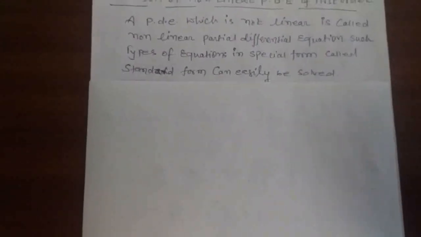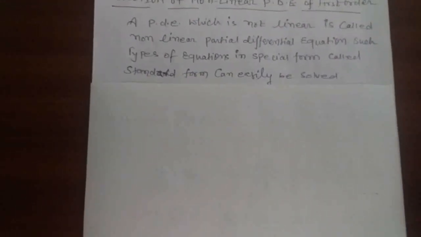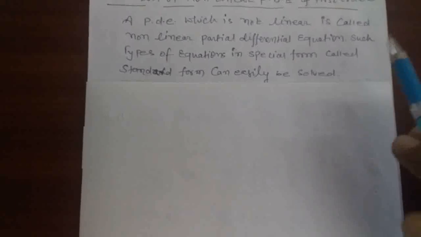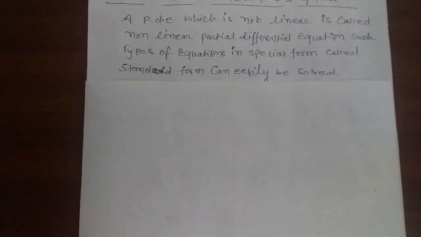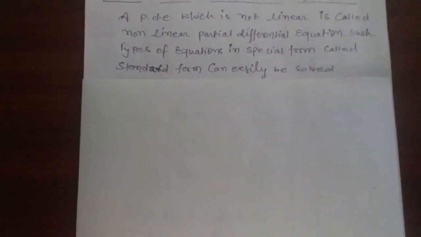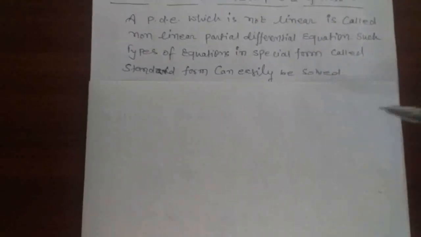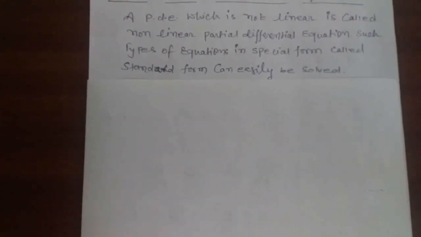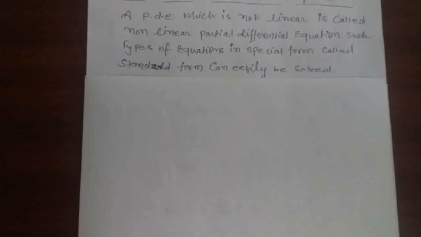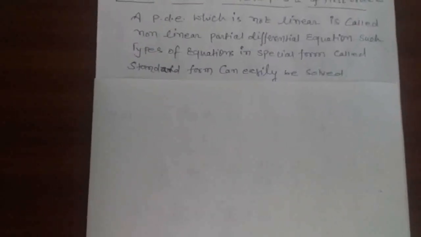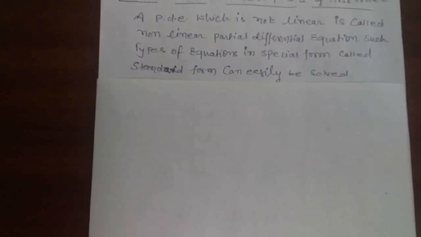Once again, if the power of any of p, q or z is other than 1, or there are product terms like pq, qz or zp, then the equation is a non-linear partial differential equation of first order.